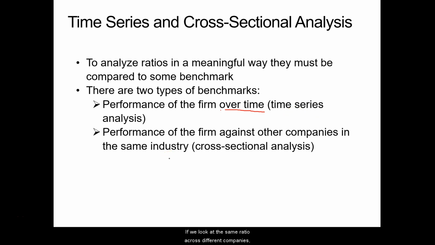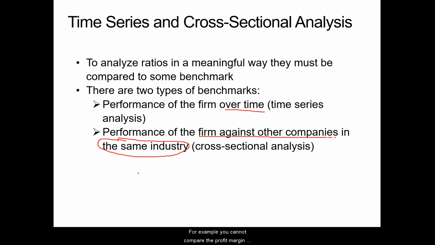If we look at the same ratio across different companies, or say one company against other companies, usually in the same industry, we are doing the so-called cross-sectional analysis. You understand it's more reasonable to compare companies in the same industry, otherwise the comparison itself is not meaningful.